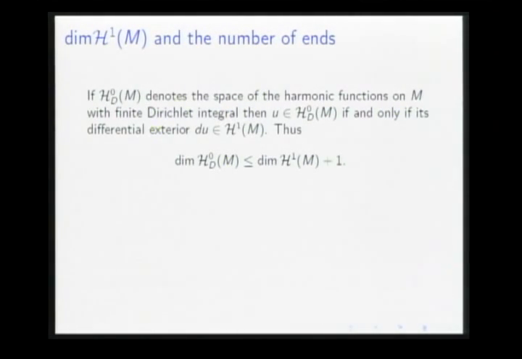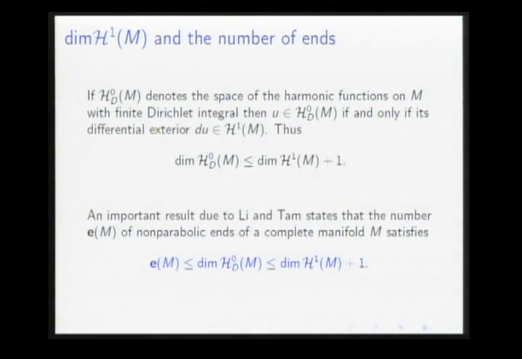To see that, denote by H0D the space of harmonic functions with finite Dirichlet integral. Then you can see that a function is in that space if and only if its differential lies in that space. So we have this relation.